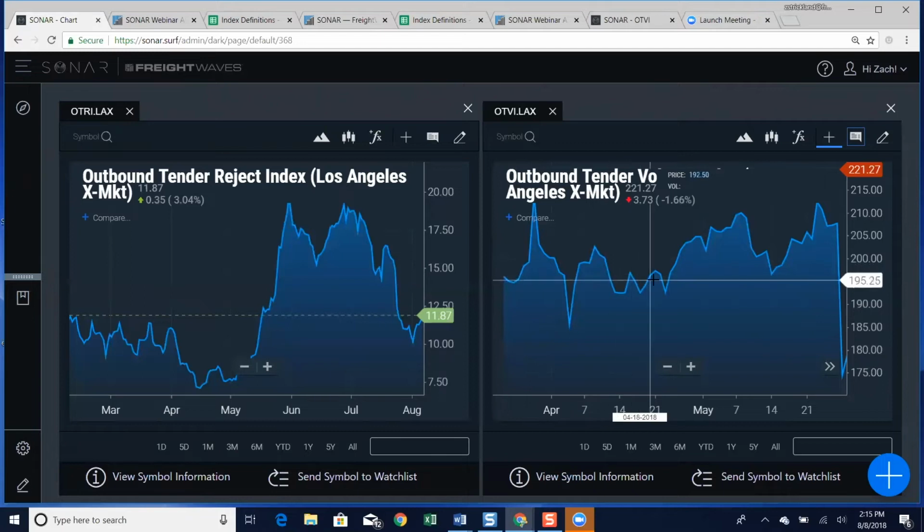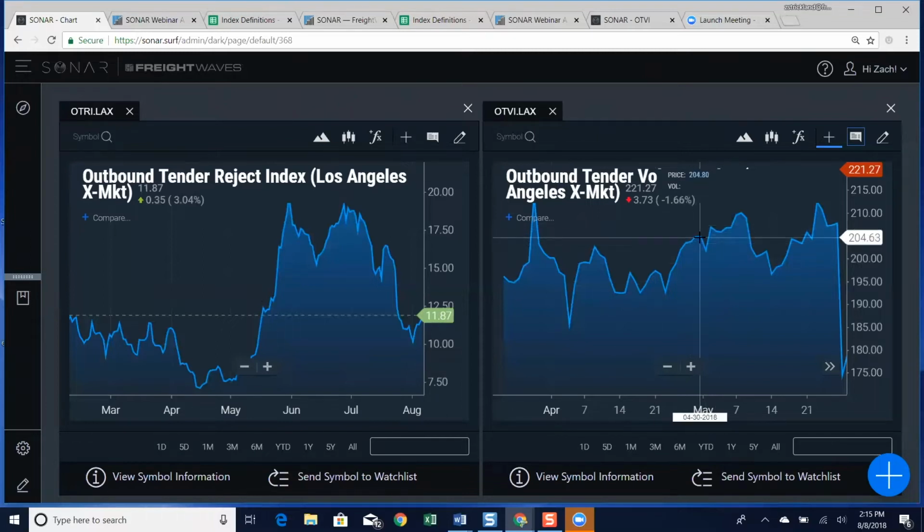Going into May, you're now elevating to 2.04% of the March 1st value. I know we're going to get the question of how you know what that means absolutely, and I'm going to go through that in a minute, so just hang tight. You see that the volume does have an impact, and it does correlate with tender rejections.